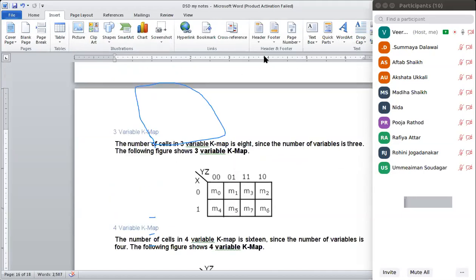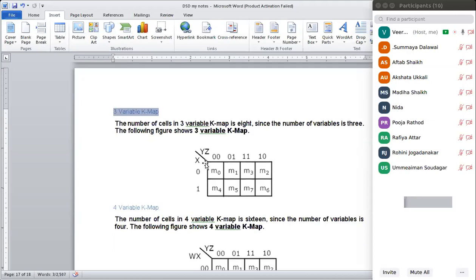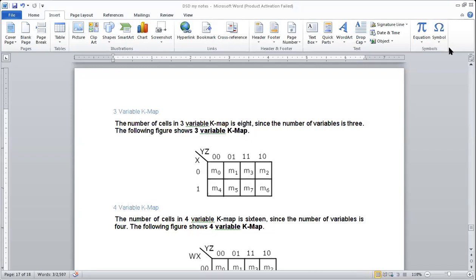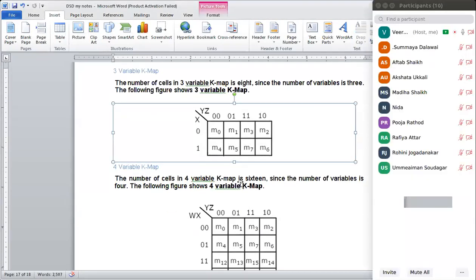So I will go for another example here, a 3 variable K map. 3 variable means here we take X, Y and Z. Let us see how a 3 variable K map can be written.